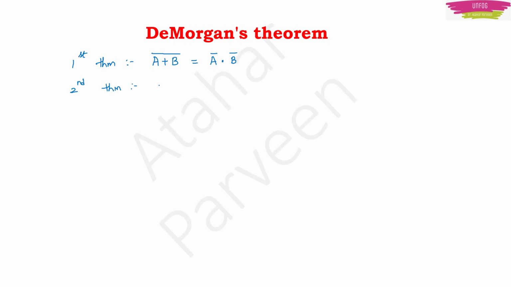And the second theorem states that you can do an AND operation and take its complement. This is going to be the same as doing an OR operation between the complements of A and B.